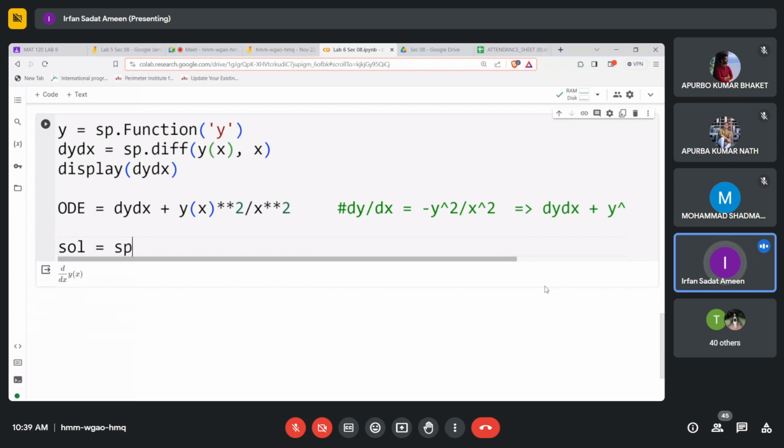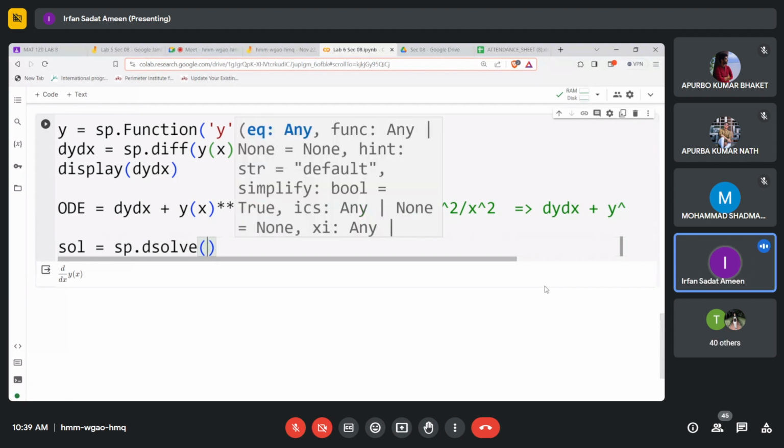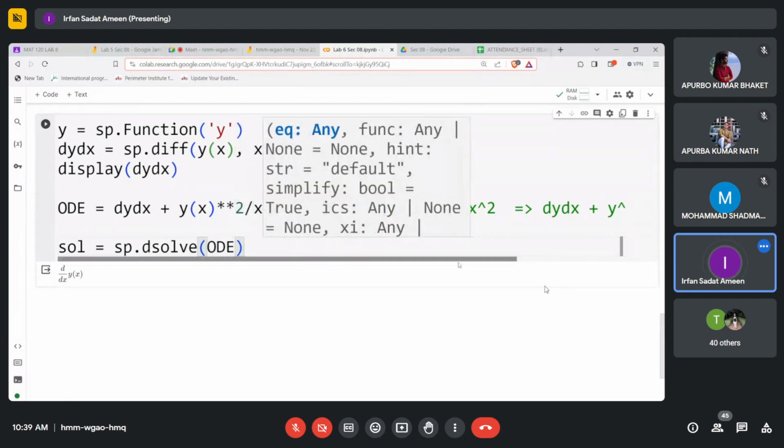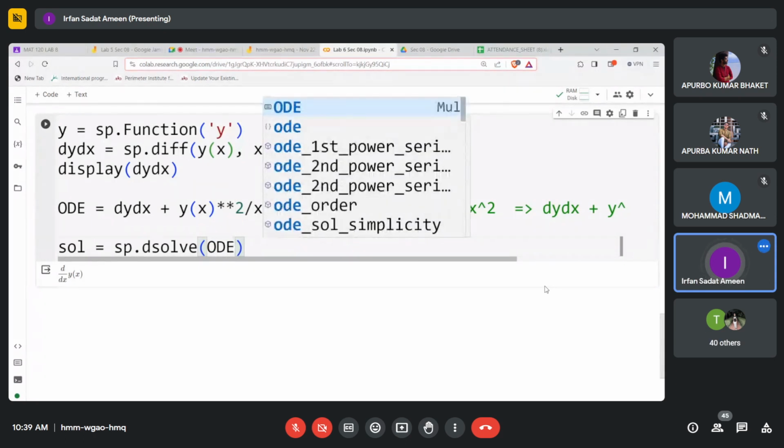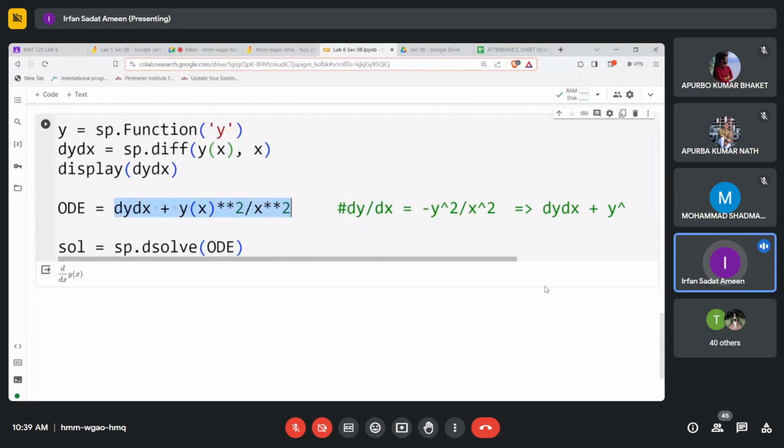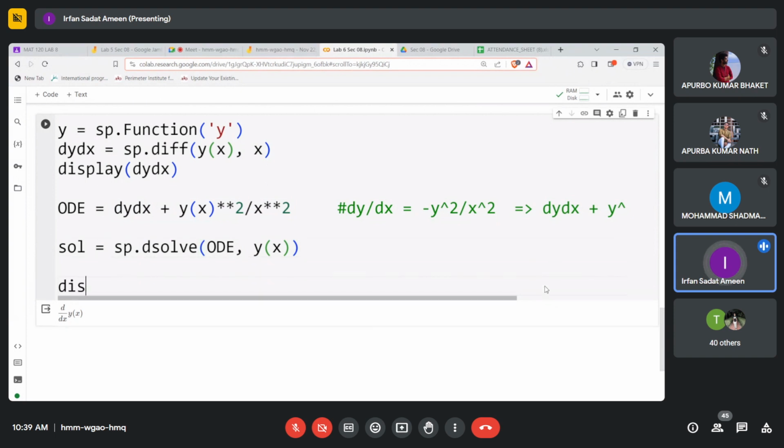So sp.dsolve, and then we will give our ODE, right? So I'm naming ODE the differential equation I wrote. So here ODE, and then we are solving for y of x. Okay? Now let's display our solution.